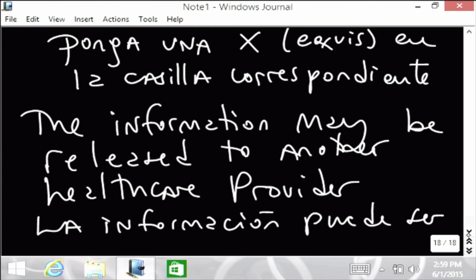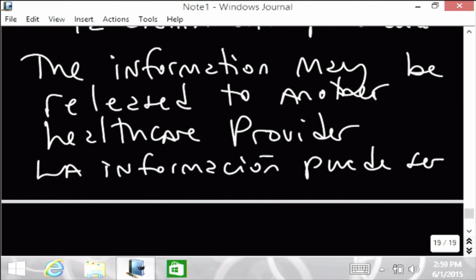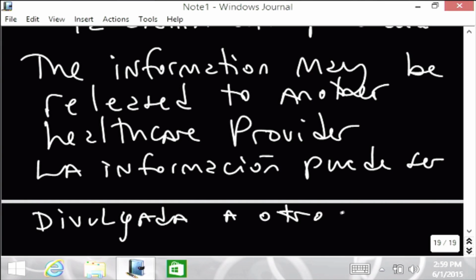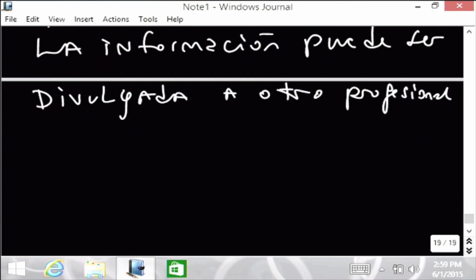Puede ser, como release, as we saw it earlier, puede ser divulgada a otro profesional de la salud. La información puede ser divulgada a otro profesional de la salud.